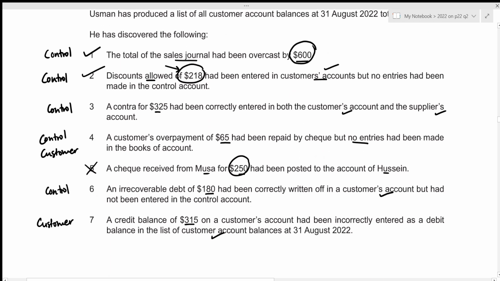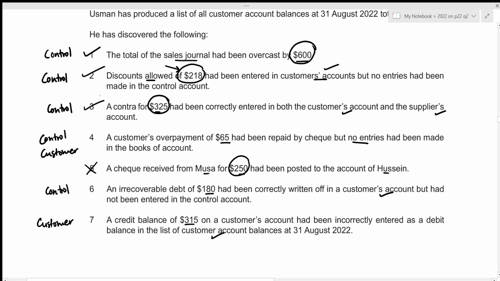Then the third one is a contra of 325, which had not yet been mentioned in our sales ledger control account. And in the sales ledger control account, the contra will always be recorded on the credit side, right? And this contra is under the heading of purchase ledger control account, because this contra amount of 325 should also be recorded in the purchase ledger control account, right?